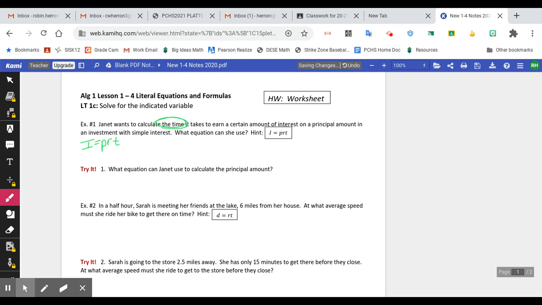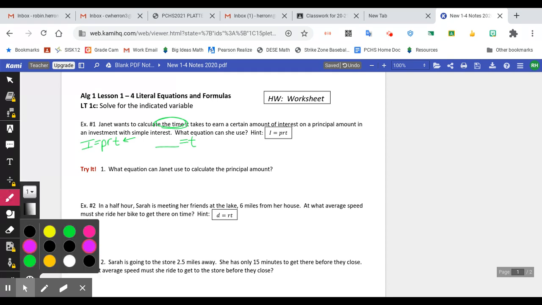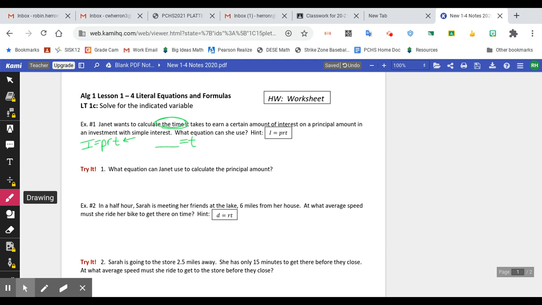So in order to do that, we need to get T all by itself on one side. So the equation says equals T, and everything else is on this side. In order to do that, we have to do the opposite, just like we do when we're solving equations. These three things are all being multiplied together, which means we need to do the opposite, and that's divide.